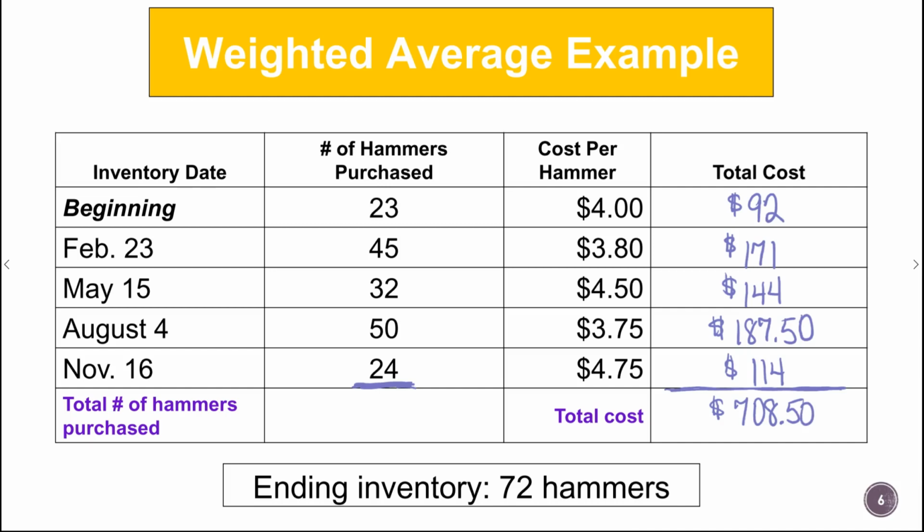Double checking my numbers here. Okay, $708.50. And then if we add up all the number of hammers, by the way, we're talking about hammers, the number of hammers for that year would be 174. In my ending inventory, notice I have 72 hammers. So that means how many hammers were left at the end of the year.